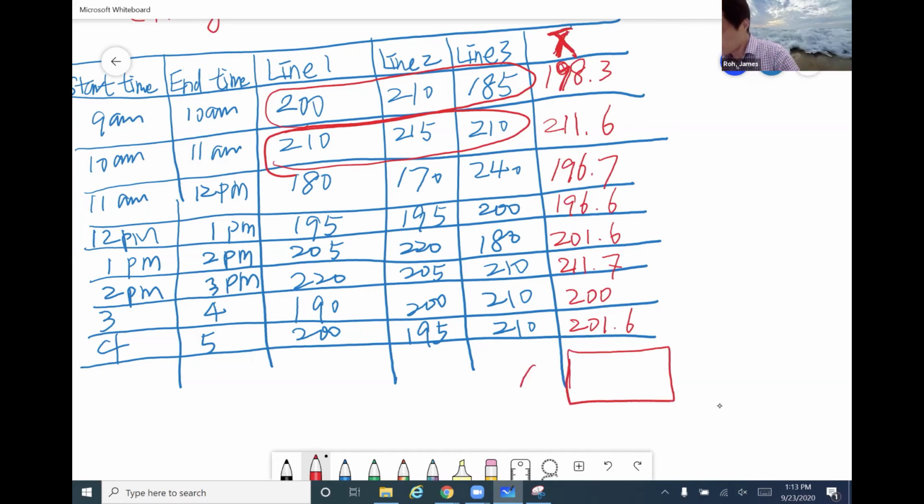So then x double bar is going to be the average of this. So let's calculate the average of this thing. Can somebody help me? What is the average of these numbers?